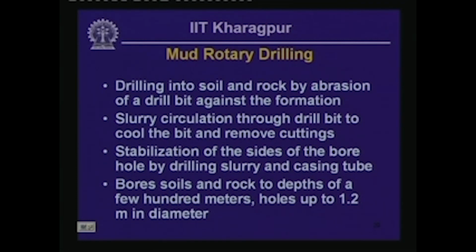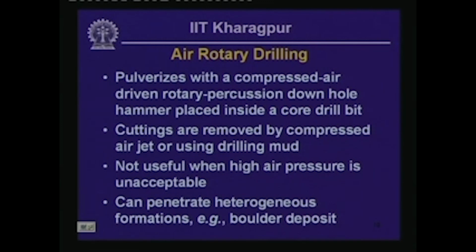Here we can drill up to about 300 meter depth, and boreholes of up to 1.2 meter diameter can be constructed. I remember when I was describing the air rotary process, I said that it can be used to drill up to 1000 meter depth, and that is really a mistake.